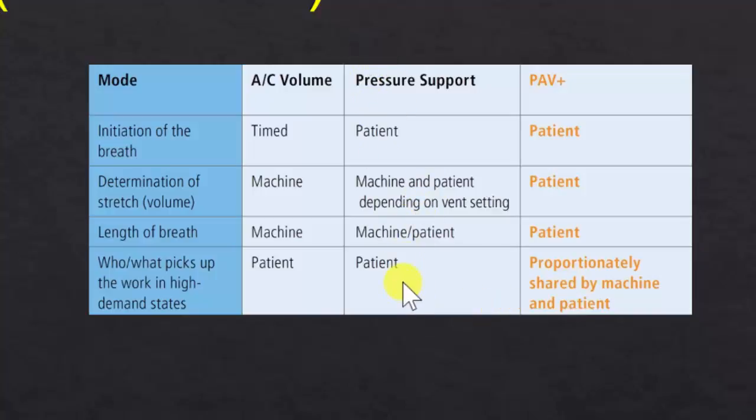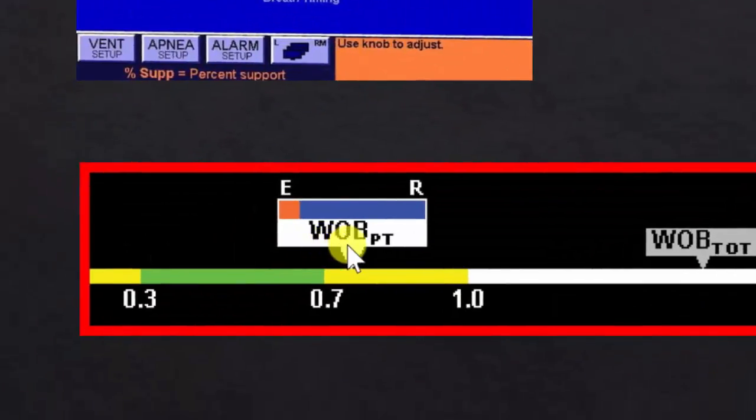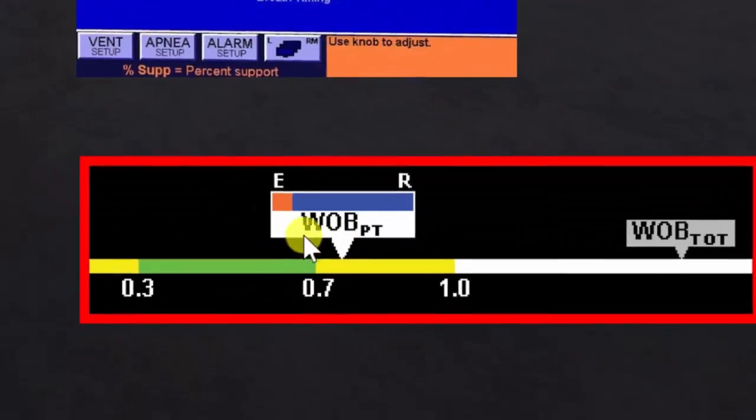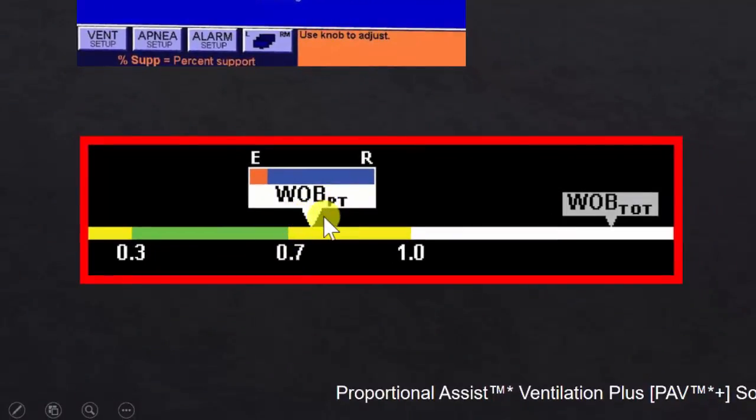Now in pressure support, if the patient's doing 50% of the work of breathing and then the demand goes up, the patient will then do 80% of the work of breathing. There's no way for pressure support to do extra work just because the work of breathing went up. So let me show you what the machine does. The machine, knowing the pressure support, knowing the lung compliance and resistance, which it can calculate, actually determines what the work of breathing total is theoretically.